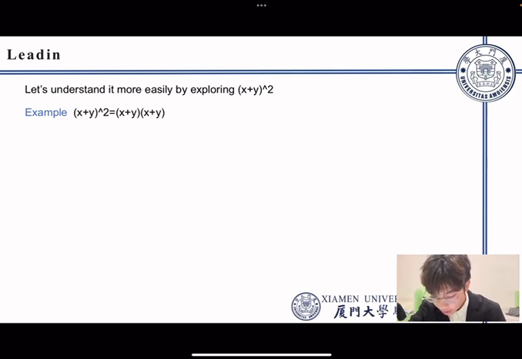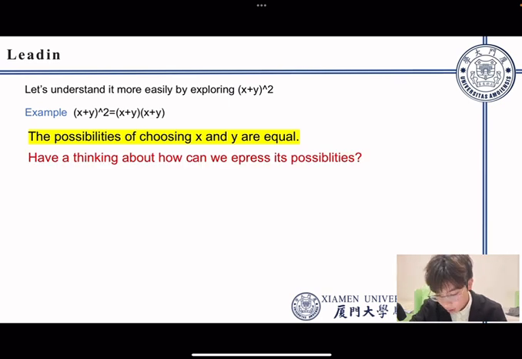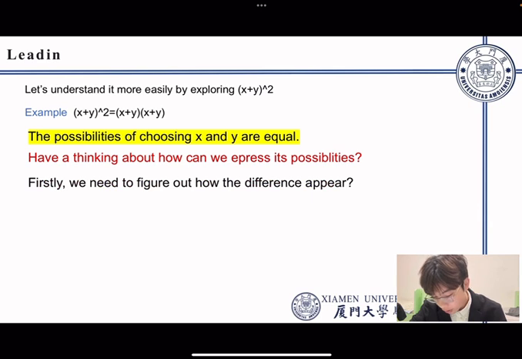Let's understand it more easily by exploring (x plus y) squared. Example: (x plus y) squared is equal to (x plus y) times (x plus y). So the possibilities of choosing x and y are equal. Have you thought about how we can express its possibilities? Firstly, we need to find out how the difference appears.